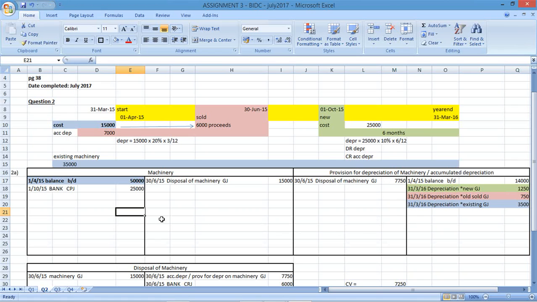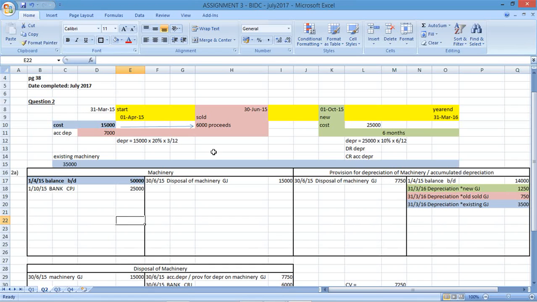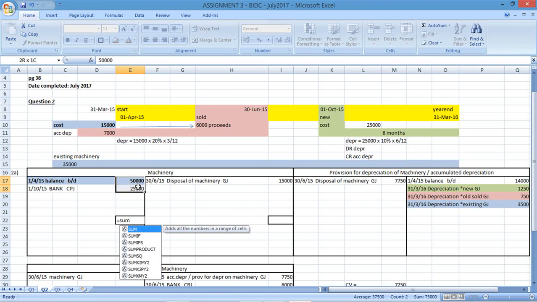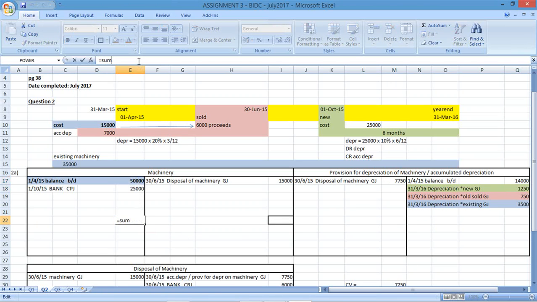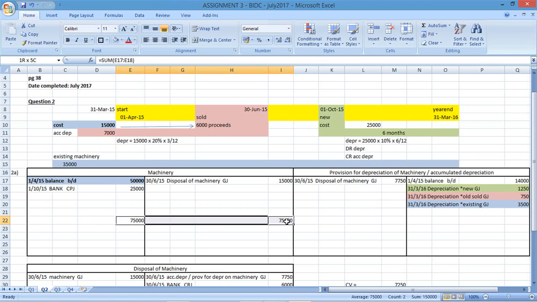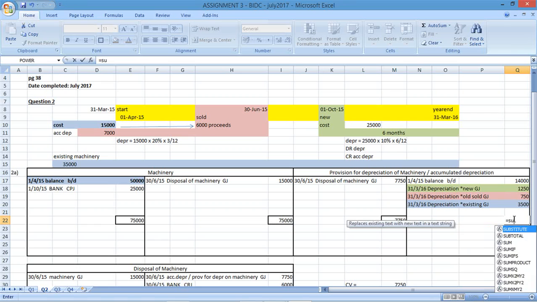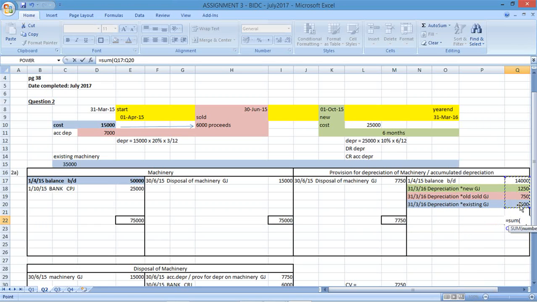I'm looking for which is the biggest side. So total. Here, sum up 75. I want that on both sides. Sum up the credits on that side.